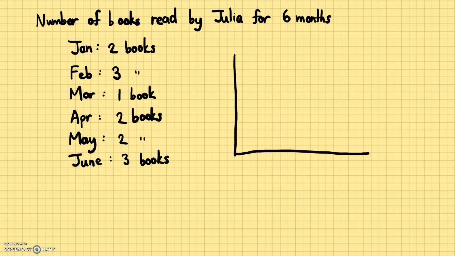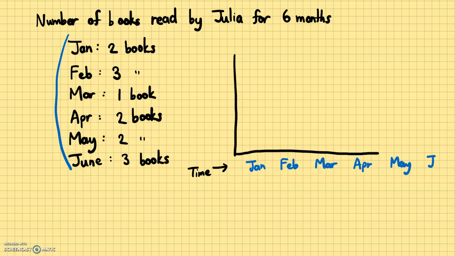So we need the axes like this, and down here we always use time. Okay, so let's put these months here: January, February, March, April, May, and June. We need to extend this part here, and it's good if we have a designated point for each of those months.